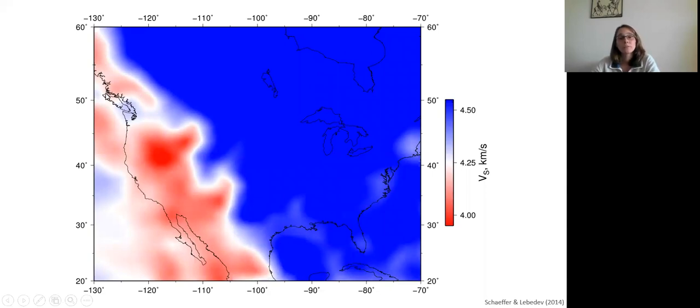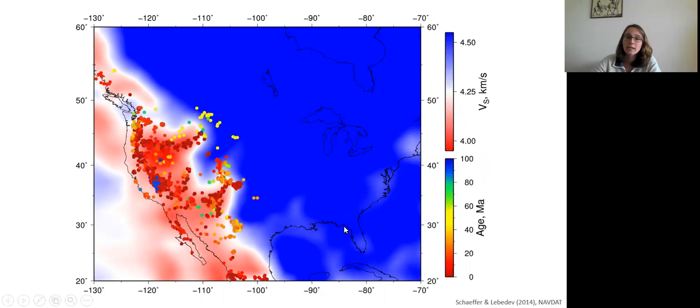Whereas the red colors in the west are anomalously slow velocities, which might indicate that there is a thermal anomaly under there, so hotter or slightly hotter than average, than normal temperatures. And again, if we overlay volcanic locations, these match really well with where we see the slow shear wave velocities. There does seem to be a link there.